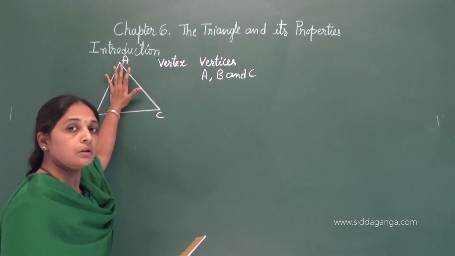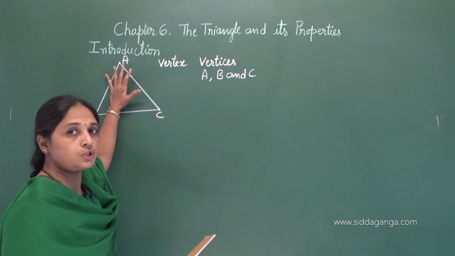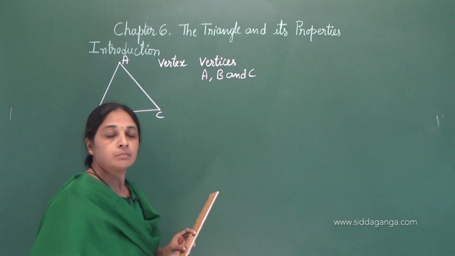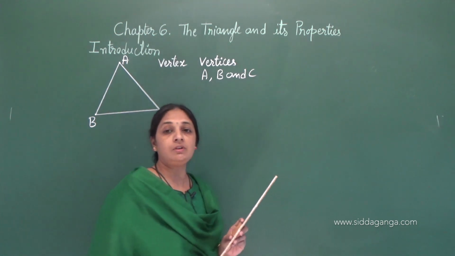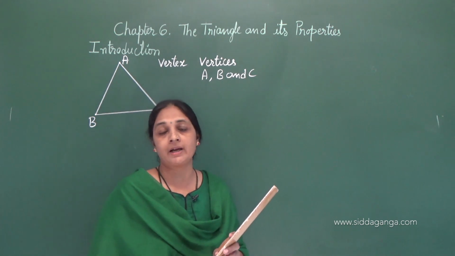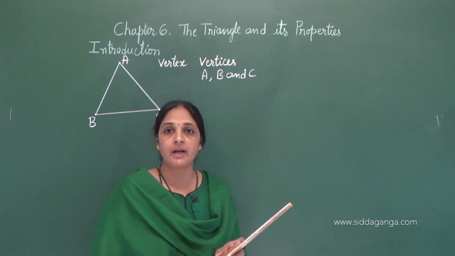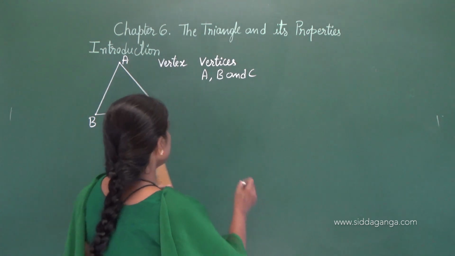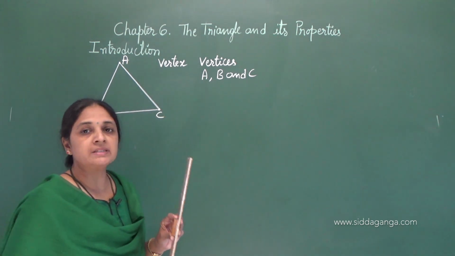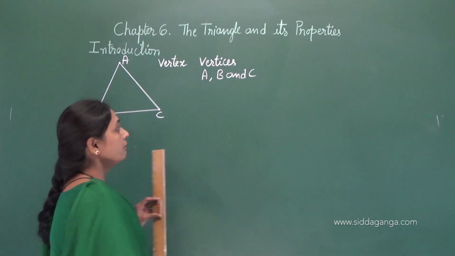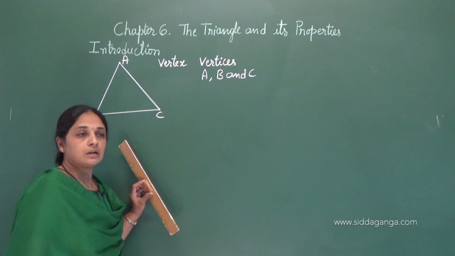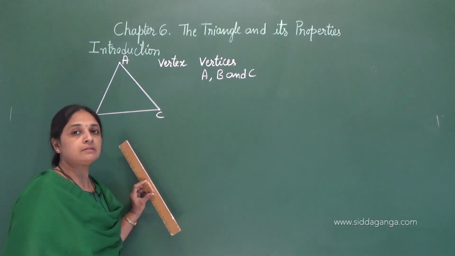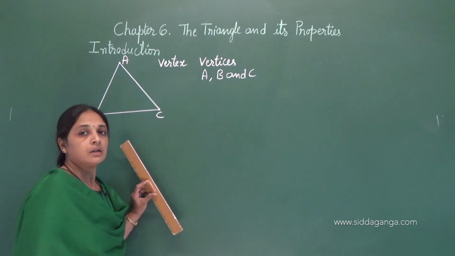This is the basic closed plane figure in geometry, because by taking two lines we can't call it a shape. These are only two lines or two line segments, two rays, like that. Two lines or two line segments, we don't call a shape. When it is closed with three or more than three, if it is a plane figure with more than three line segments, then we call that a polygon.